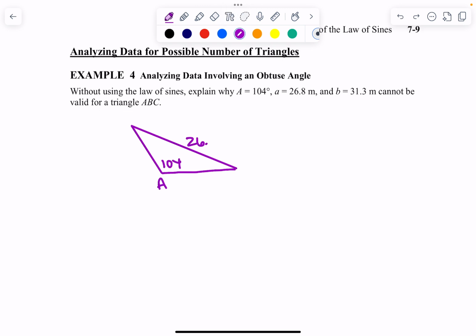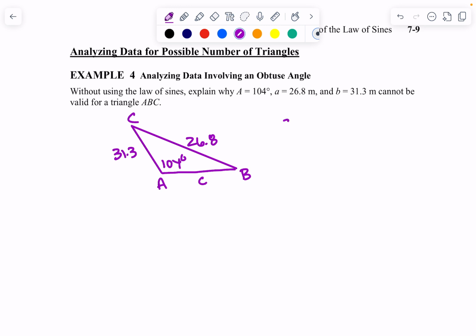And they're saying B, well, I'll call this angle B, which makes this side b, which is 31.3. Well, remember, in a triangle, the longest side is opposite the largest angle. Well, 104 has got to be the biggest angle because it's an obtuse angle, and a triangle can only have one obtuse angle in it. So therefore side a must be the longest side.